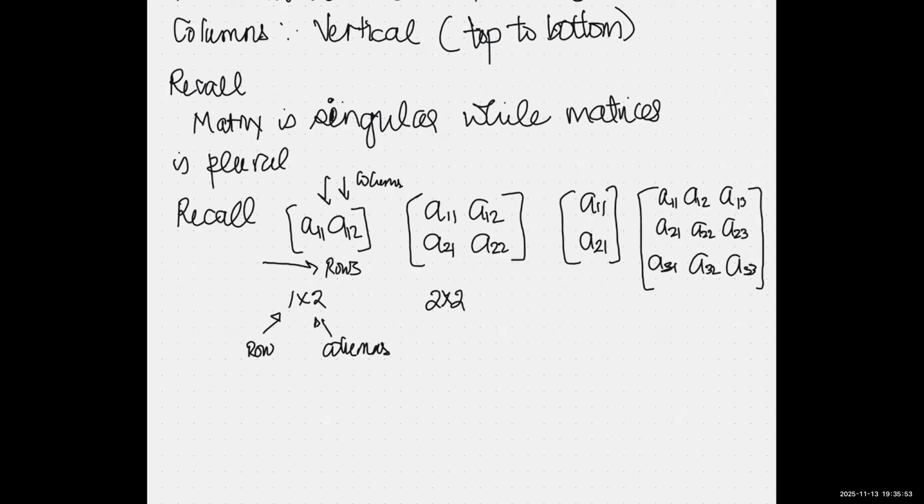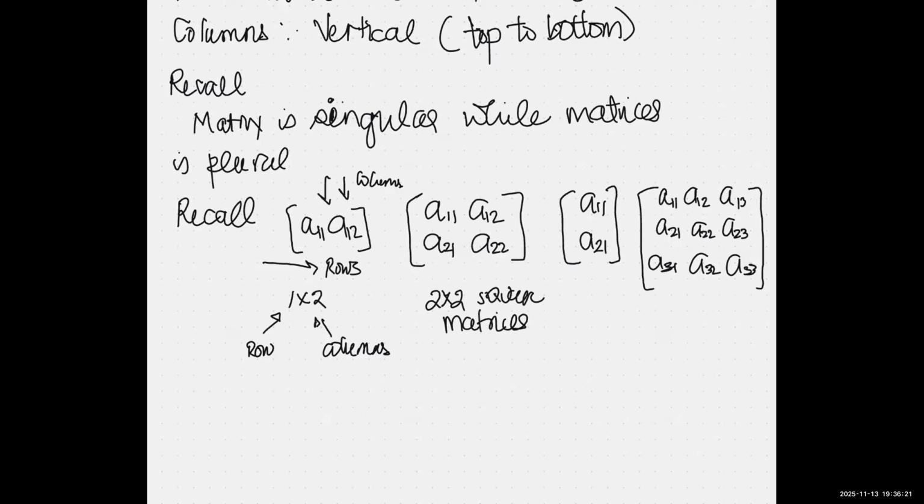You said that 2 by 2 is what kind of matrix again? Square matrix. Why is it called a square? 2 rows by 2 columns. Why is the 1 by 2 called a rectangular matrix again? 1 row by 2 columns.